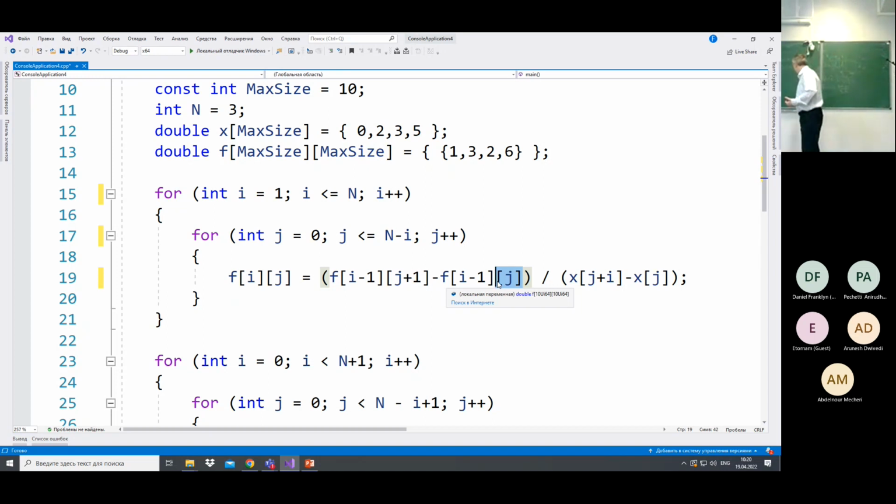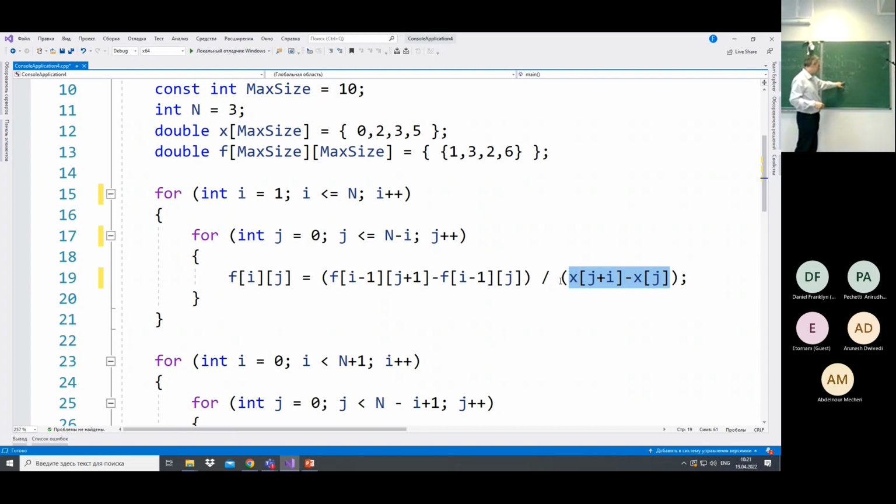I should take the previously defined divided differences, f of i minus 1. It means from the previous row, next column, j plus 1 minus f of j. But here, over x of j plus i minus xj. Because the distance between x's will increase from row to row.